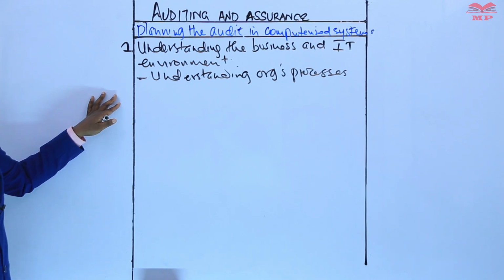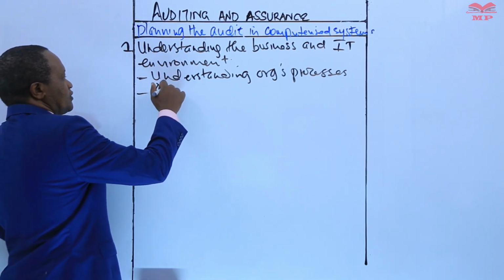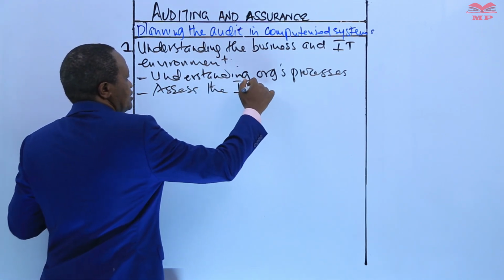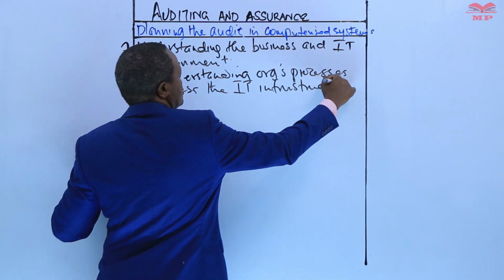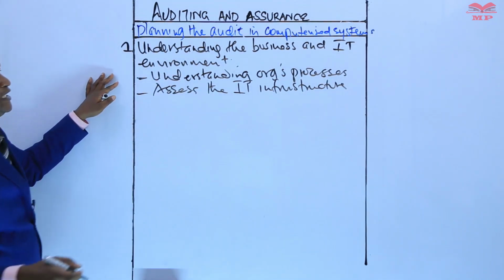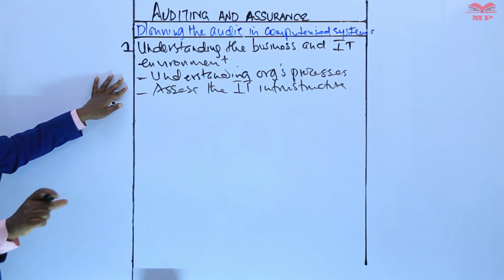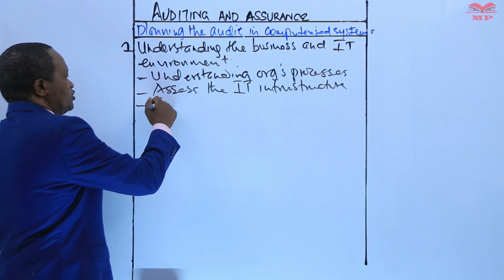Then assess the IT infrastructure. That will help you understand the IT environment. But first of all, assessing the IT infrastructure: the hardware, the software, the networks, and all that. Security measures, and everything. Then evaluate IT controls.